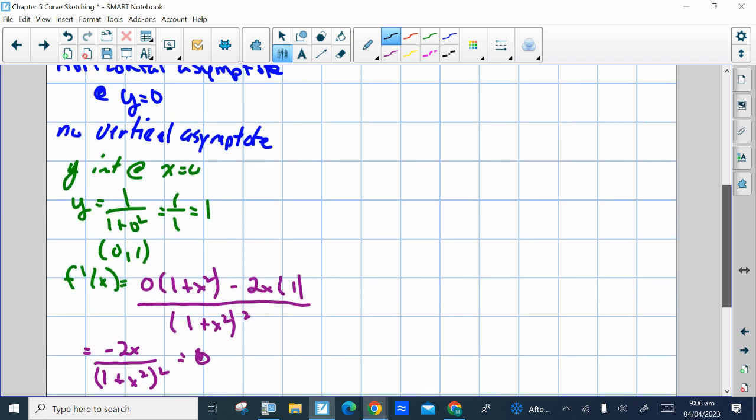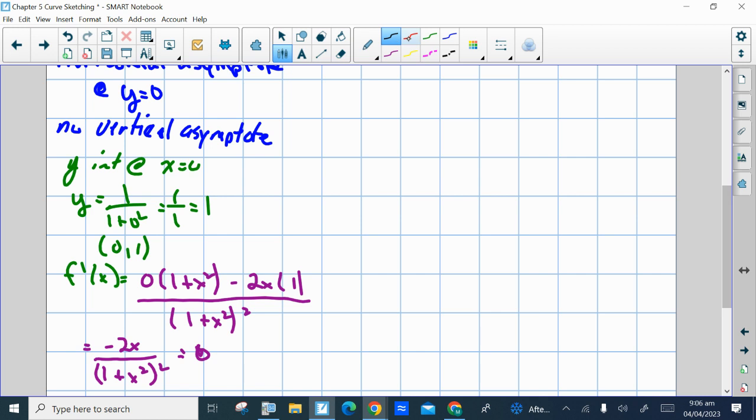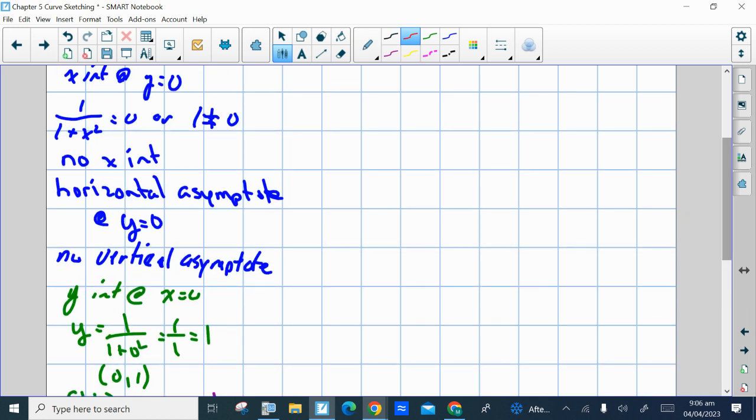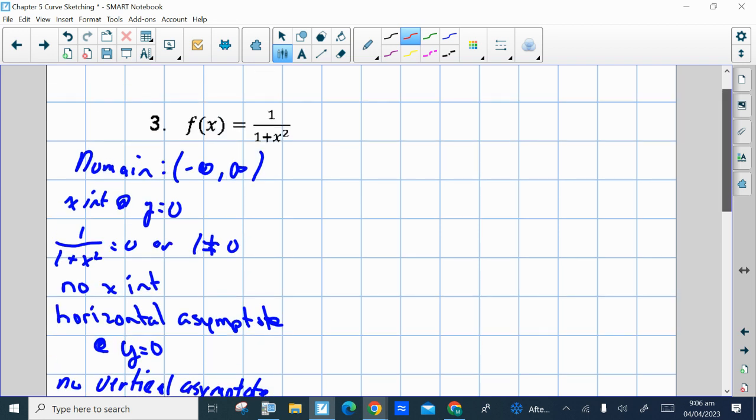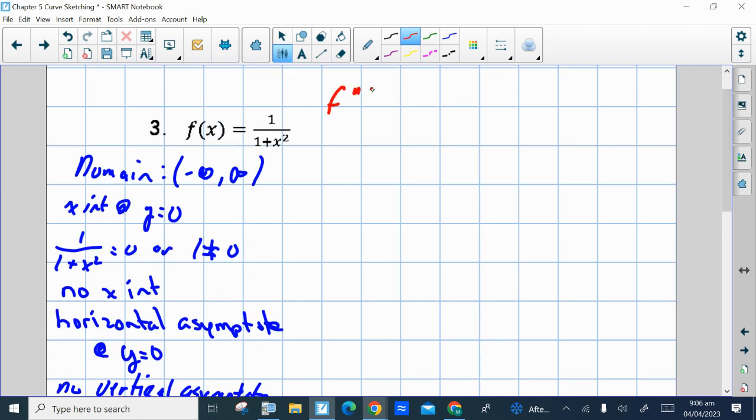Second derivative. F double prime x. So from the first derivative, we take the derivative of the top, which is negative 2, times the bottom, which is 1 plus x squared all squared, minus the derivative of the bottom, which we must use the chain rule for, which has two pieces to it.